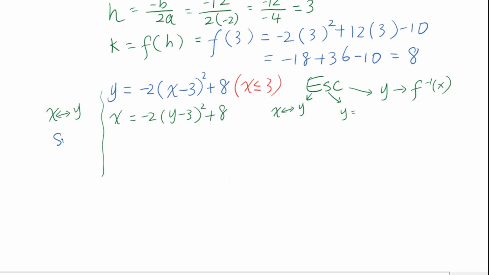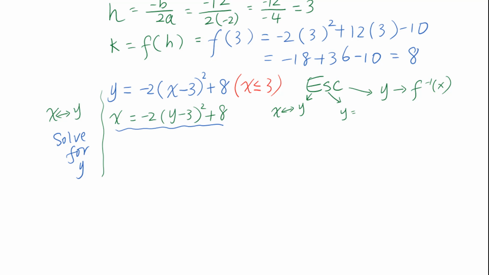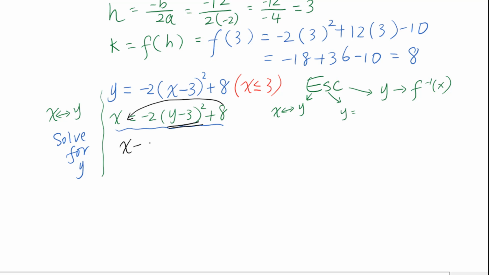Second step, solve for y. Since this is a power equation, the keyword is isolation. We need to isolate (y minus 3) squared first. Therefore, minus 8 both sides.